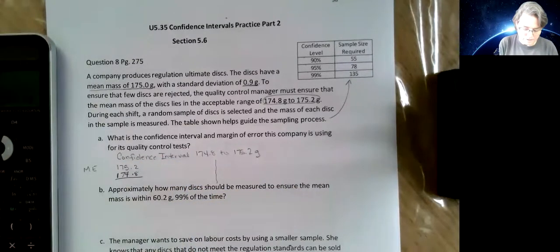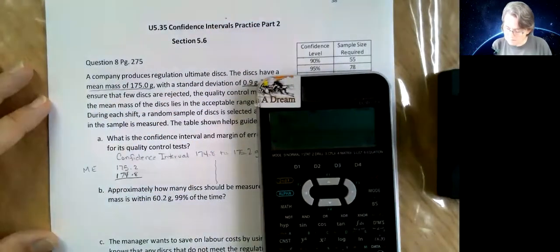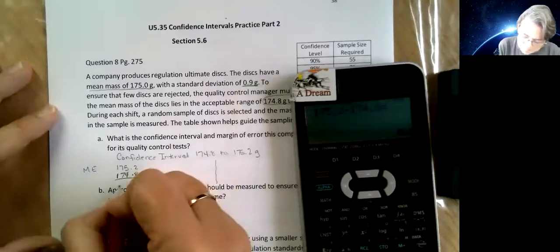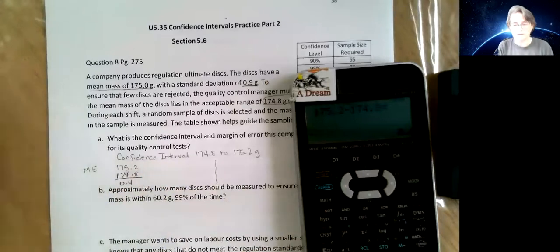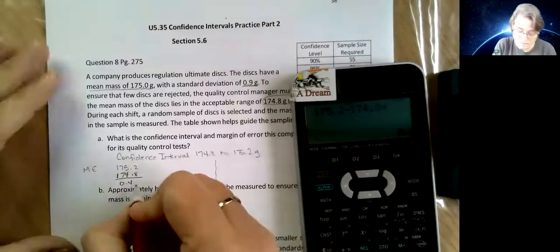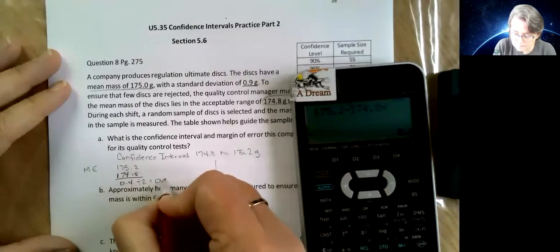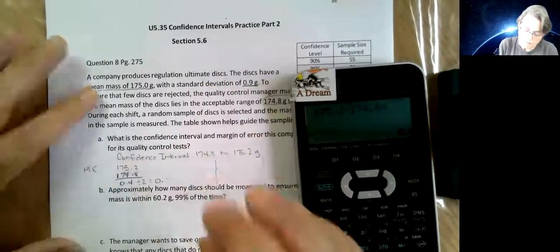You already know what that is. 0.4. So remember, that's our range. The margin of error is plus a certain amount and minus the same amount. So if we take that big difference and we divide it by 2, we get 0.2 grams.